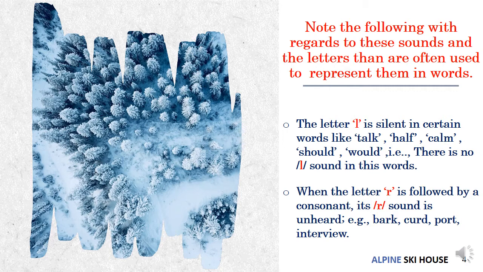So if R is followed by a consonant, its sound R is unheard, like bark, curd. I'm not saying the R in bark, I'm not saying the R in curd, I'm just saying bark, curd, poach.